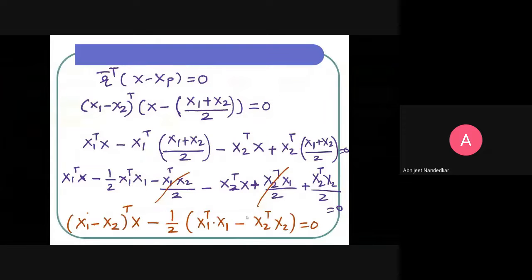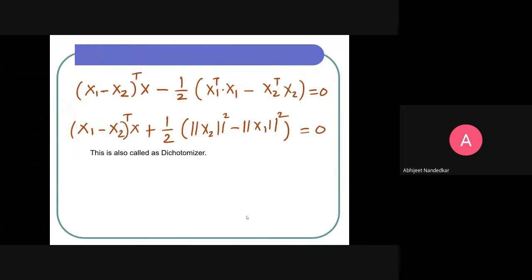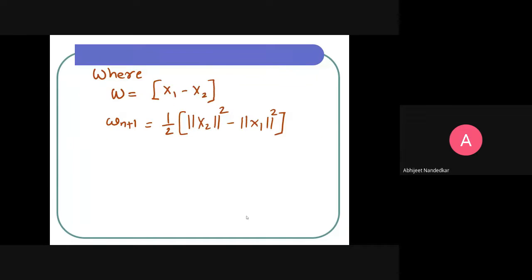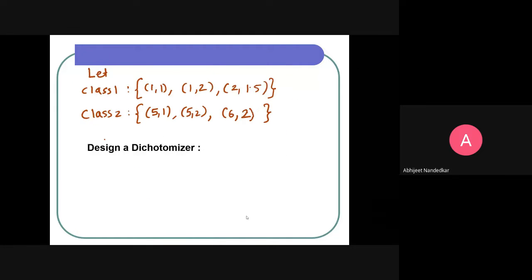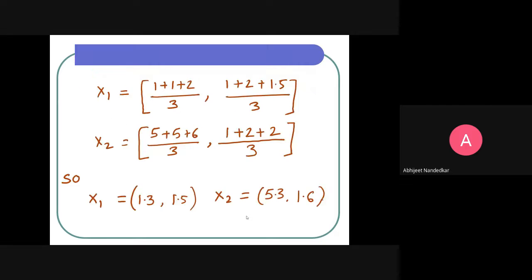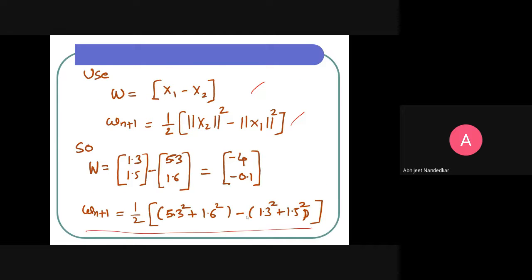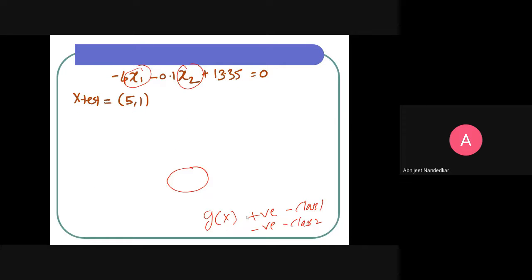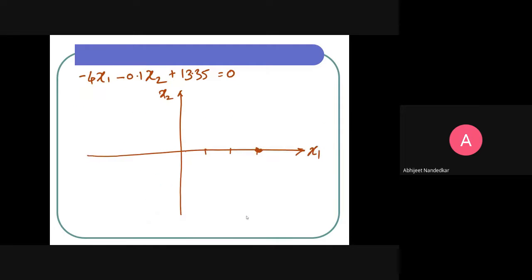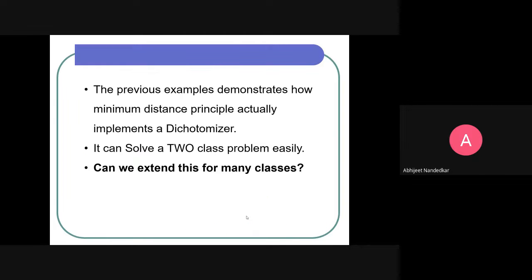So in the last two classes, we have developed this dichotomizer, and we have seen one example for a dichotomizer with 6 samples, and we have solved a 2-class problem. In the last class, we did the extension of this 2-class problem into a multi-class problem.